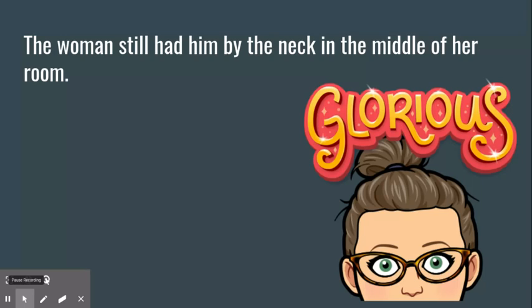What question does "in the middle of her room" answer? Which of these are adverbs? Which of these are prepositional phrases? Which of these are both prepositional phrases that function as adverbs?